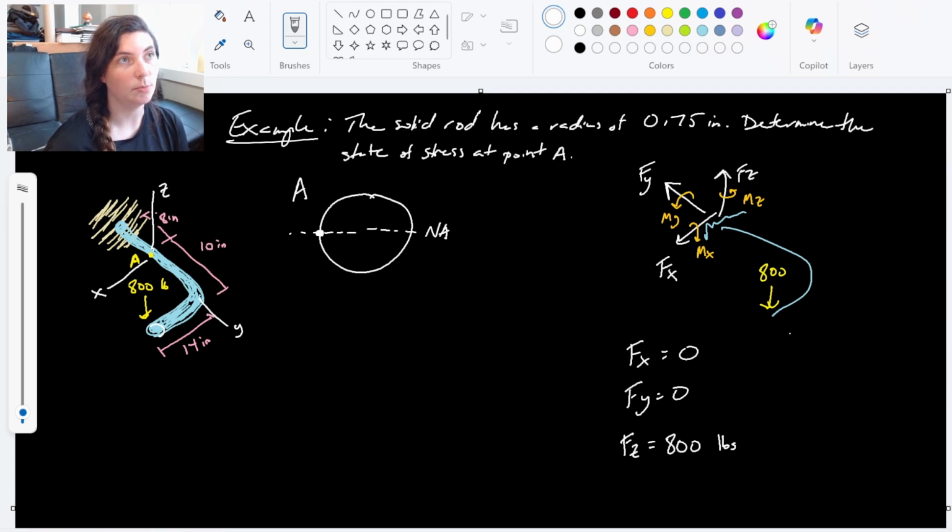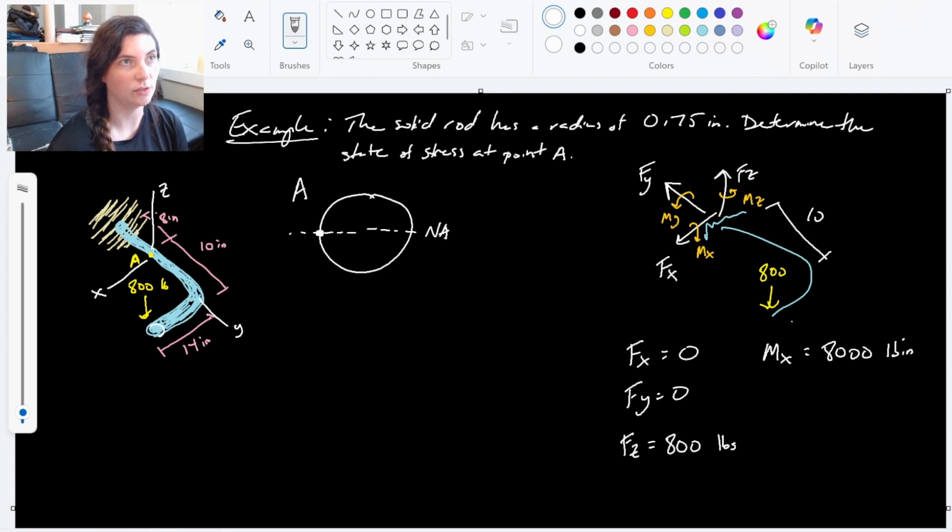And we can do it the same with the moments, right? So if I take a moment about the x-axis, I have that 800 pound force, right? So I take that 800 pound force, and I get a moment that is 800 times its distance away from the x. So this distance is 10 inches. So the moment about x is 8,000 pound inches, the 800 pounds times 10 inches. I can take my moment about y, right?